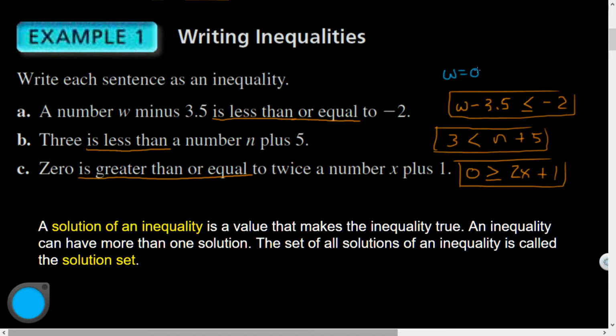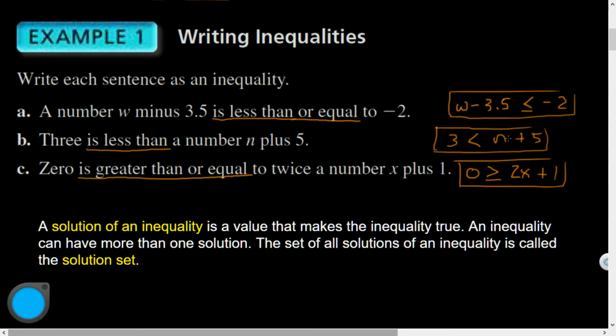So 0 is a solution, not the only solution for this expression. Or over here, I might have n equals 2 is a solution because 2 plus 5 is 7, which is greater than 3. Could I have 0? Is 0 a solution here? Yeah, because 5 is greater than 3, or phrased the other way, 3 is less than 5.